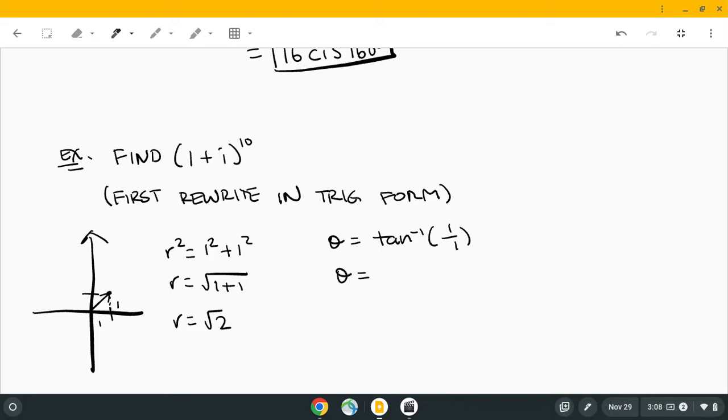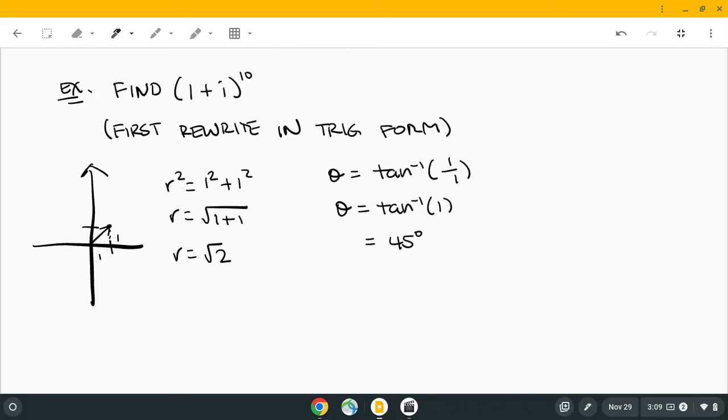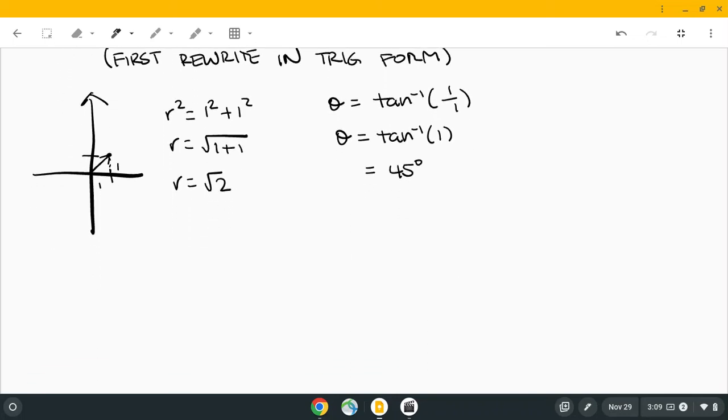Theta equals tangent inverse of 1, and that happens at 45 degrees. All right, so we can write the trig form of that complex number. So z is now square root 2 cis 45 degrees.